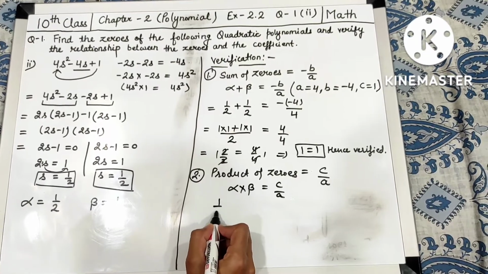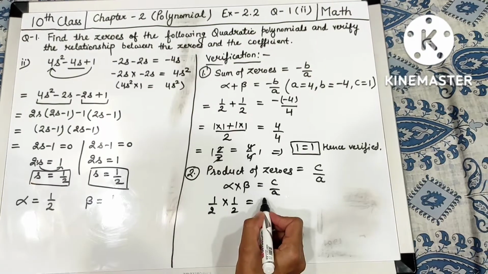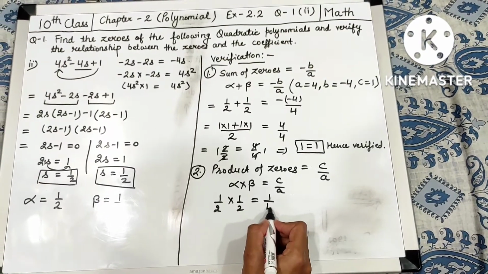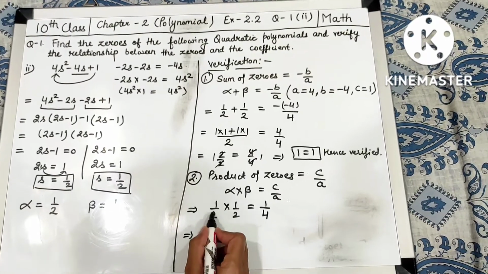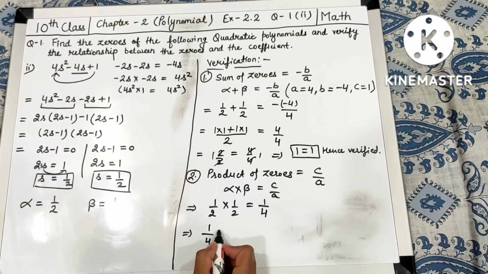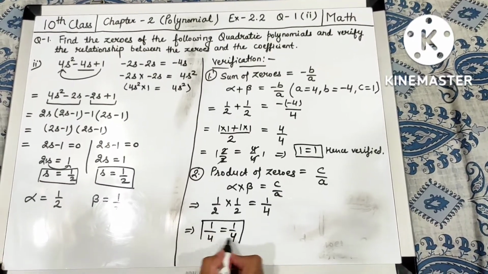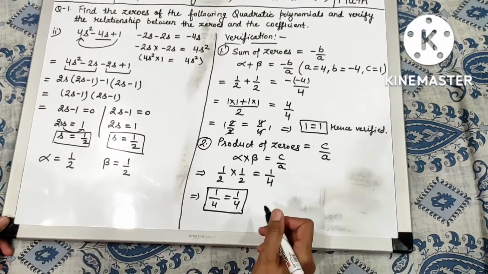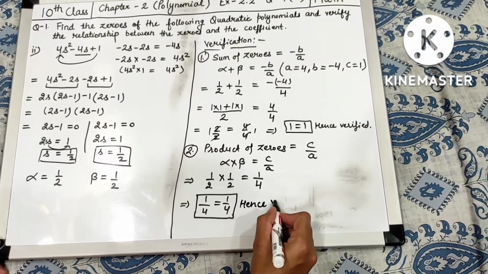Alpha is 1 by 2, beta also 1 by 2. C is 1, a is 4. If we multiply 1 into 1, 1, 2 into 2, 4. Here it is also 1 by 4. So both sides are equal, like left hand side is equal to right hand side. That means it is correct, hence verified.